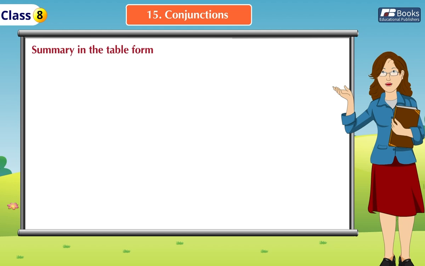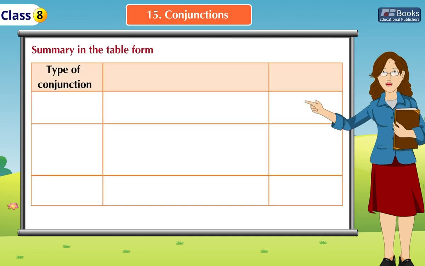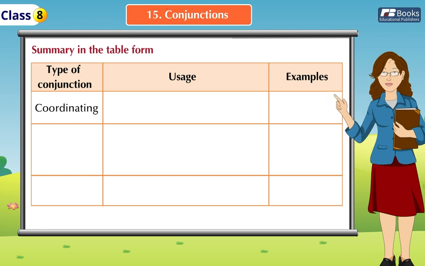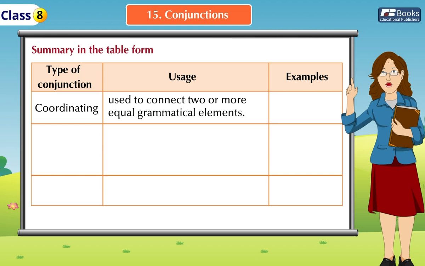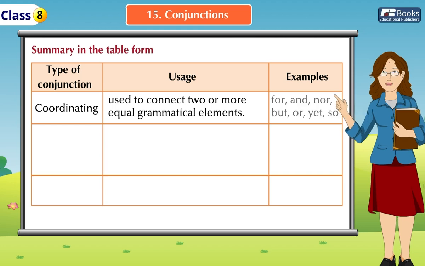Summary in table form. Type of conjunction, usage, example. Coordinating. Used to connect two or more equal grammatical elements. Example: for, and, nor, but, or, yet, so. Subordinating.